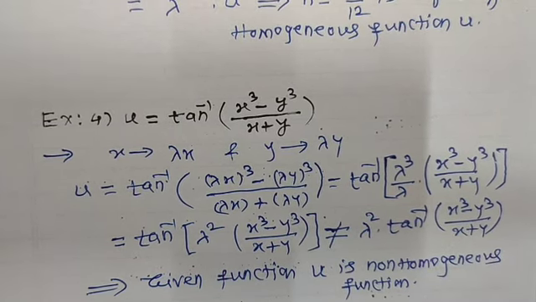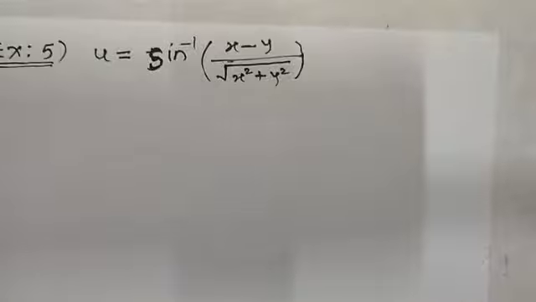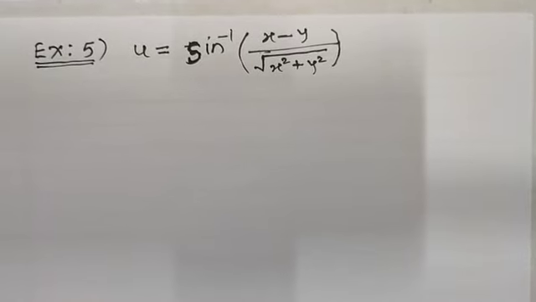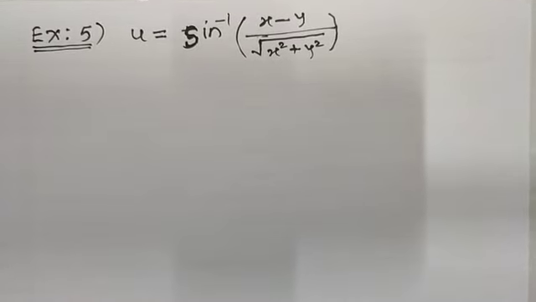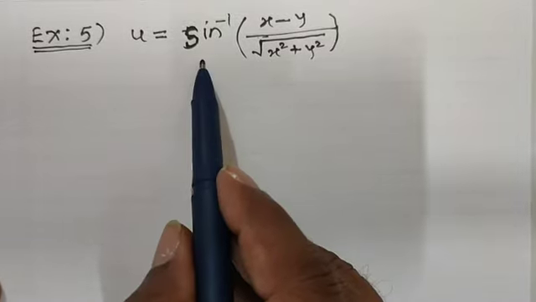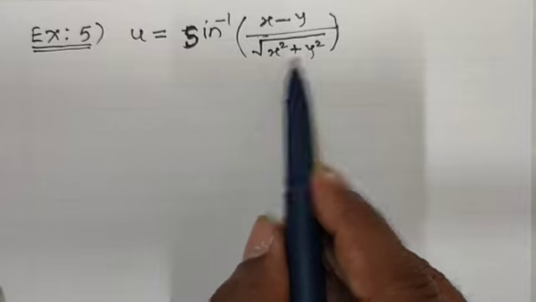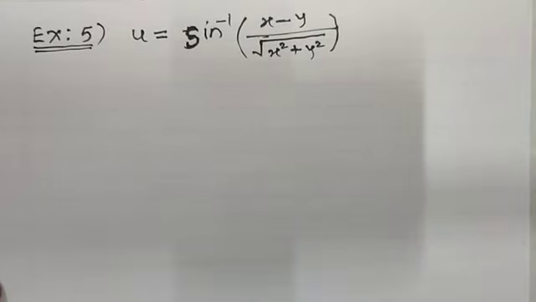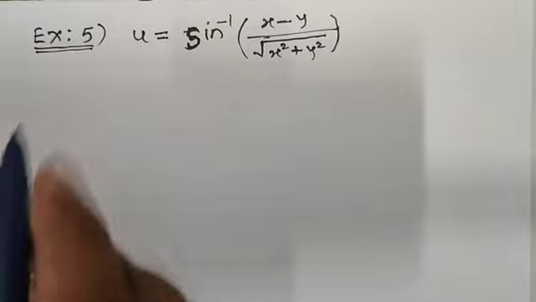Let us solve the next sum. Yes, this is example number 5. U is equal to sine inverse of x minus y upon square root of x square plus y square. Here also we have to replace x by lambda x and y by lambda y.